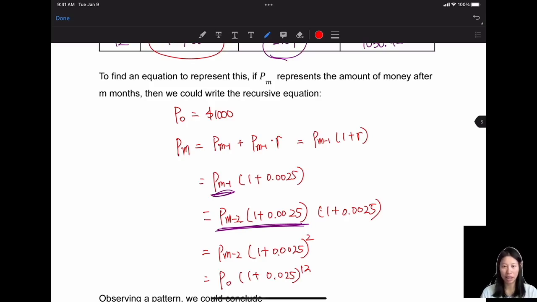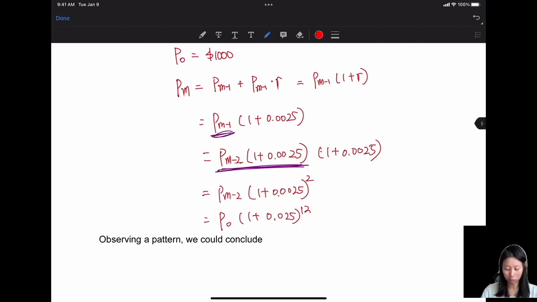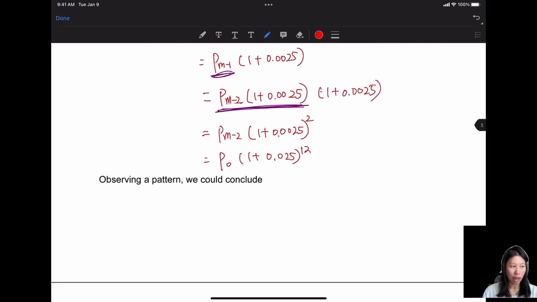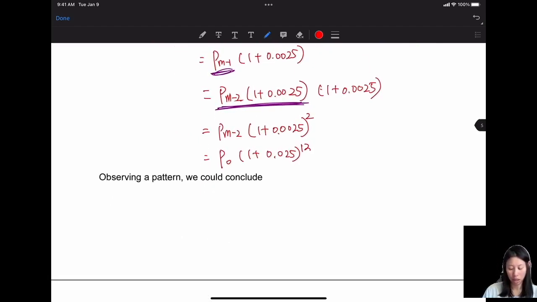Observing the pattern, we can conclude that the ending balance after n months is the principal, which is 1,000, times 1 plus the monthly interest rate, to the power of 12 months.